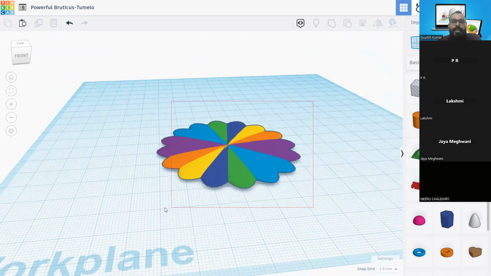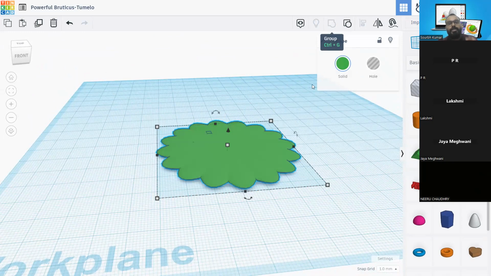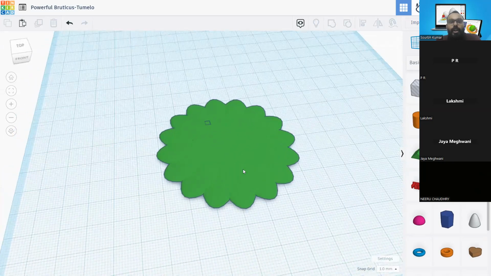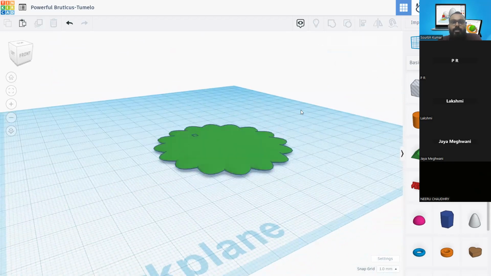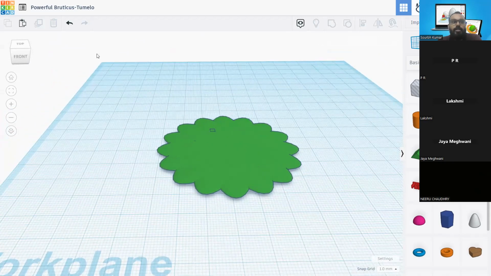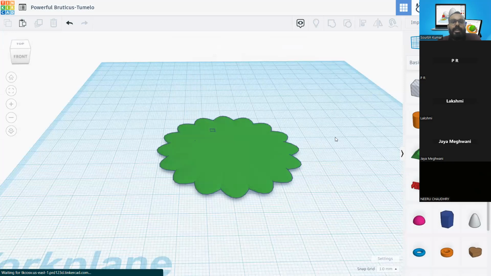So it's better to select everything and combine it, so it forms a complete shape. It unions each and every petal, like grouping itself. Now the whole body is formed by the petals. After that, for 3D printing, just click on the export button and export the STL file.